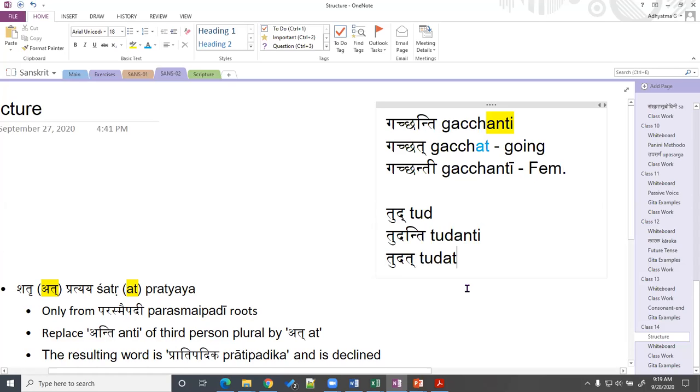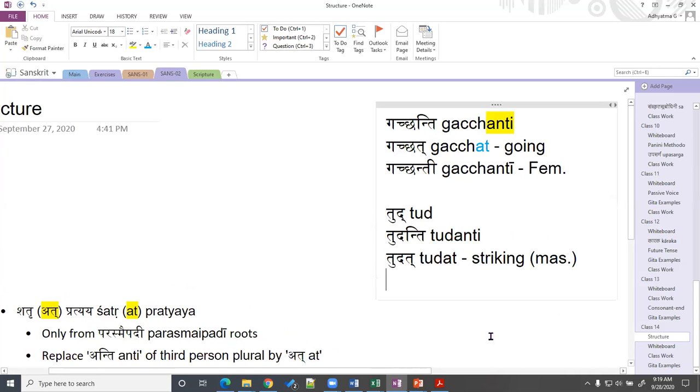Tudat means being striking. So somebody is striking. That is masculine.